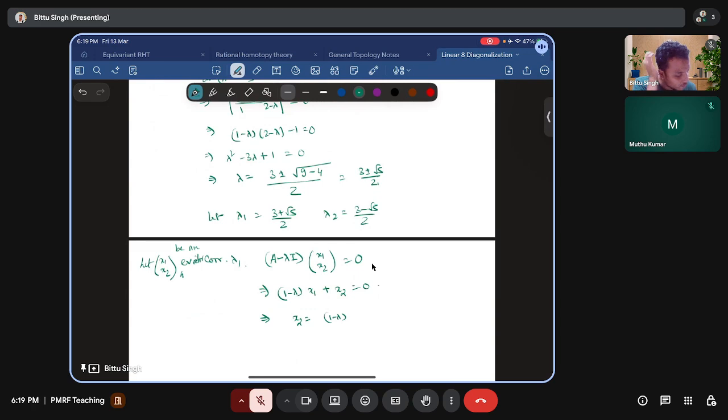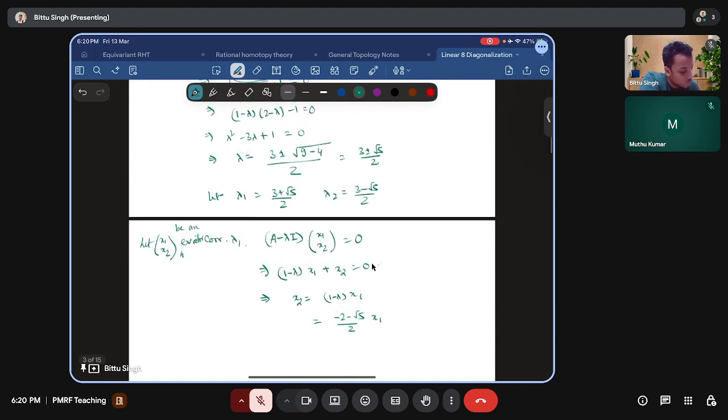Here lambda is lambda 1, so we need to subtract. Sorry, it is minus of this, so lambda minus 1.